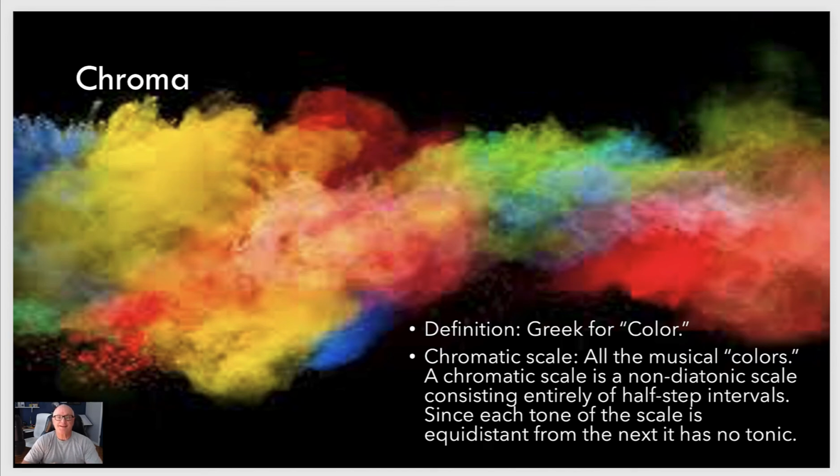A chromatic scale is a non-diatonic scale, and it consists entirely of half-step intervals. Since each tone of the scale is equidistant from the next, it has no tonic. There is no tendency. Chromatic scales just kind of float. They have a direction, but they just don't land anywhere.